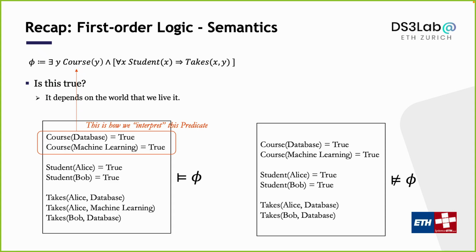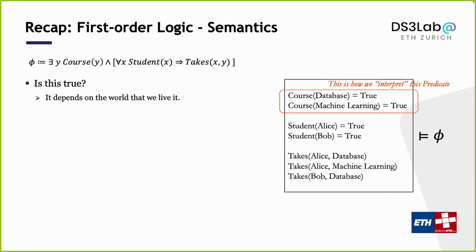I concretely say that for this predicate, these two constants evaluate to true in my world. Naturally we call this an interpretation. I think you all remember this concept. Who remembers interpretation? Okay, great.